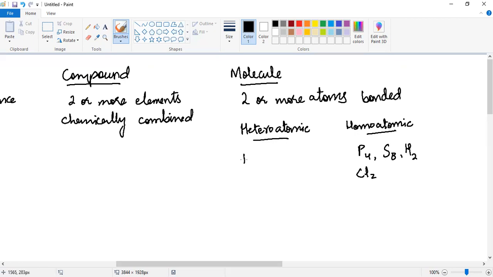For the heteroatomic, all the other molecules ranging from the simplest such as HCl to as complex as glucose, C6H12O6, and polymers, we know that there are different types of atoms present in such a heteroatomic molecule. Then there are the diatomic, triatomic, and polyatomic molecules that I have just told you about.